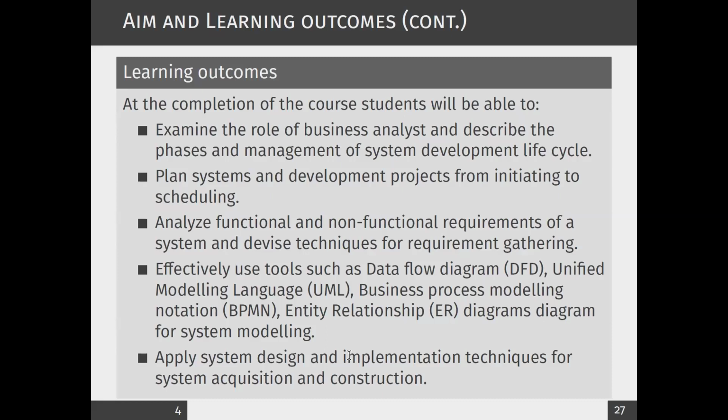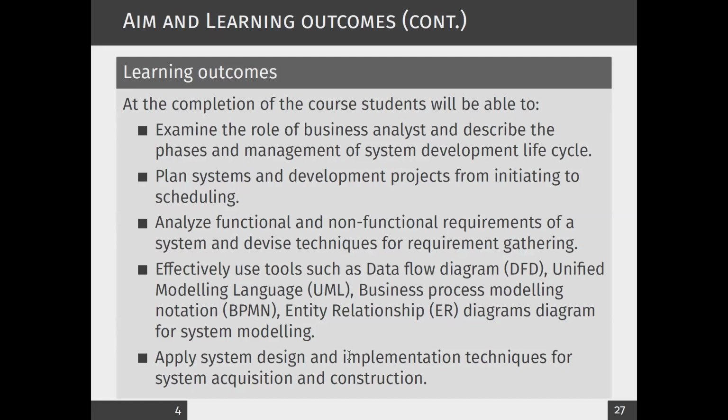Once you finish this module, you will have a good understanding of how a software project might be managed. Then we will also look at how to capture the functional and non-functional requirements and getting different information from different audiences, especially in the very first stage.